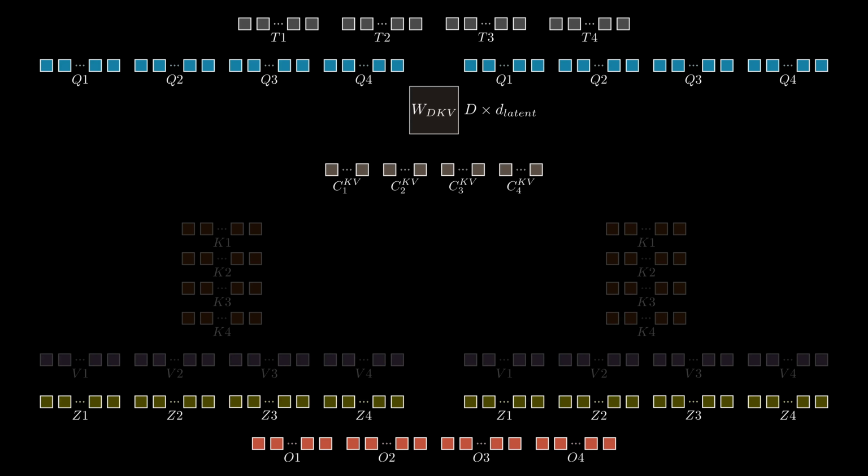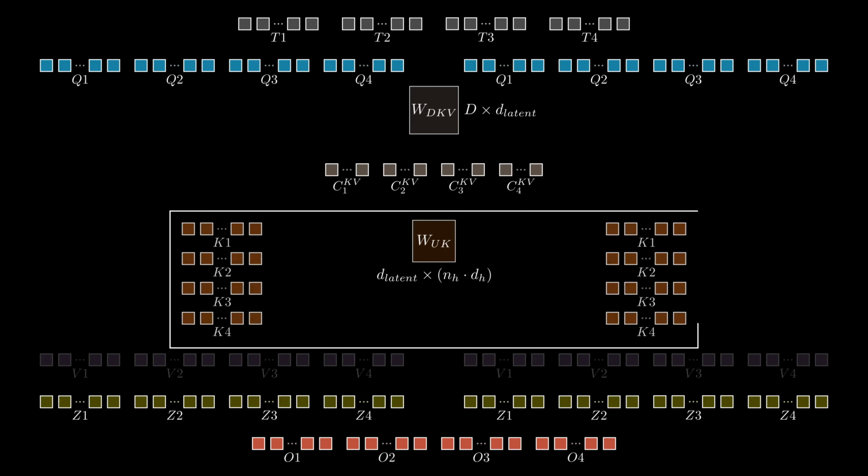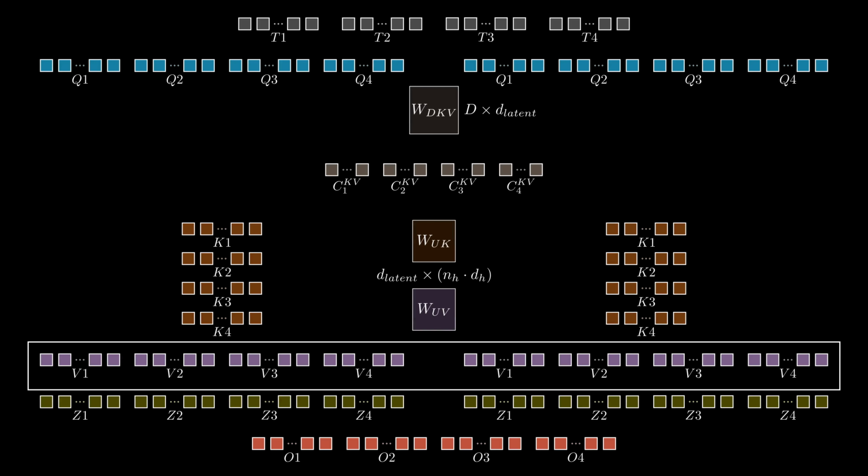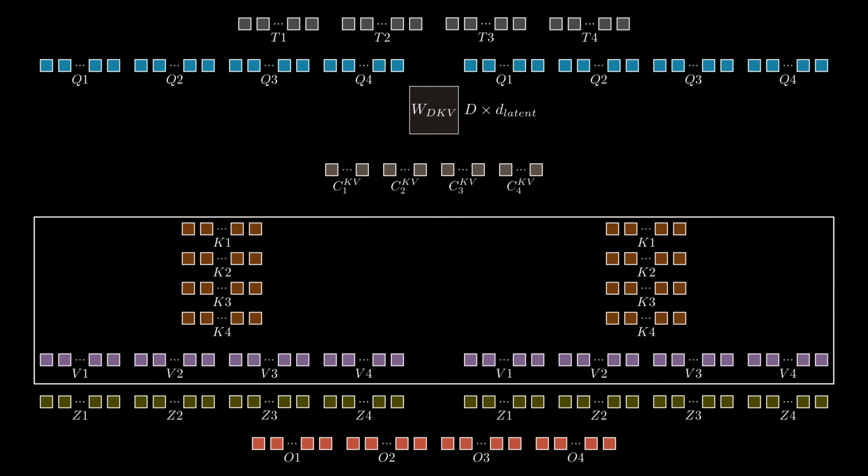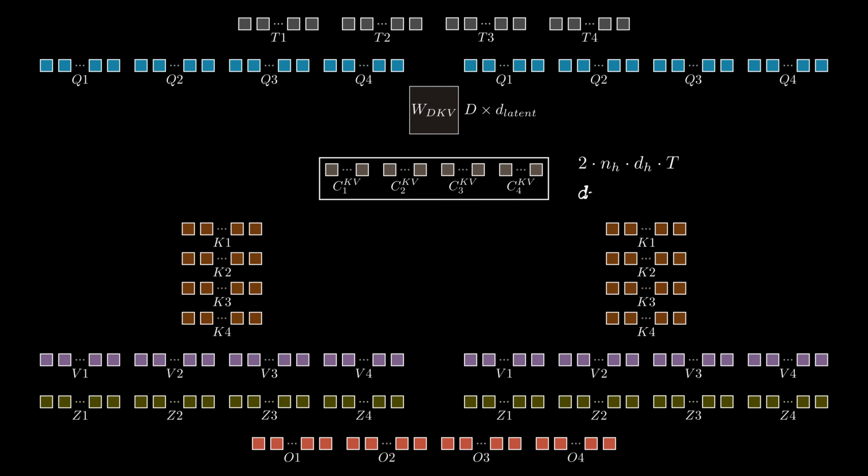We then use separate projection matrices to reconstruct keys and values for all attention heads. For both K and V, these would be of shape D latent by number of heads times head dimension. So instead of storing full K and V tensors for every token and every head, the KV cache now only stores these compressed latent vectors for every token.